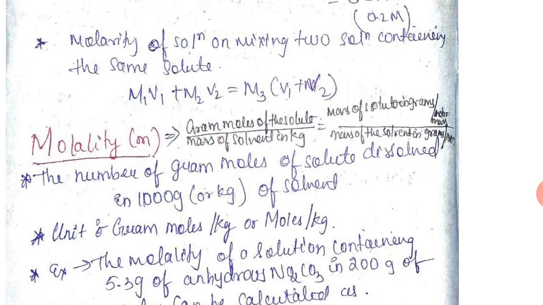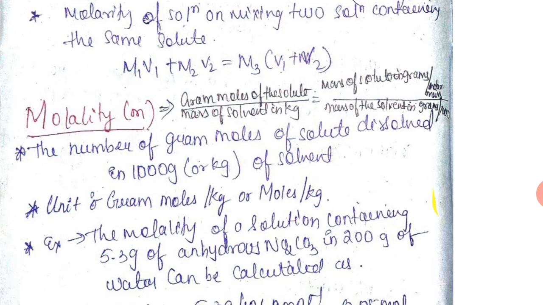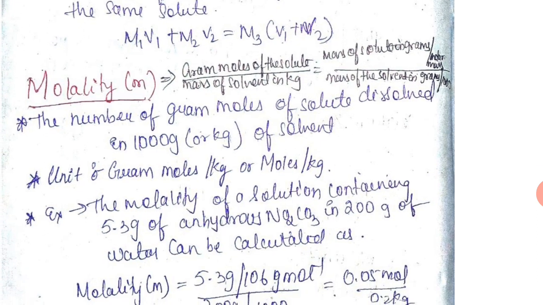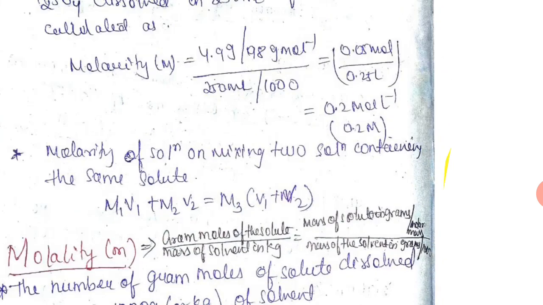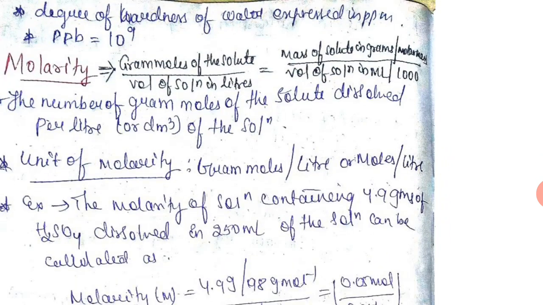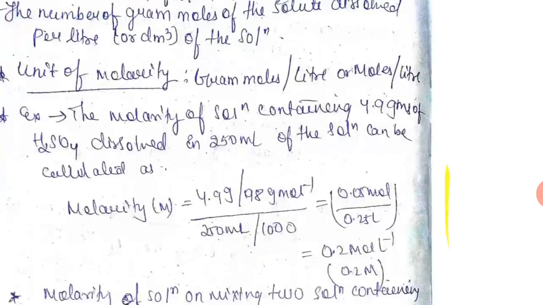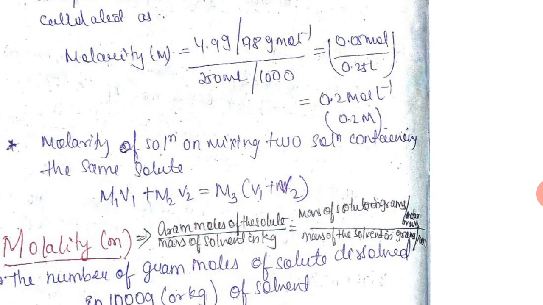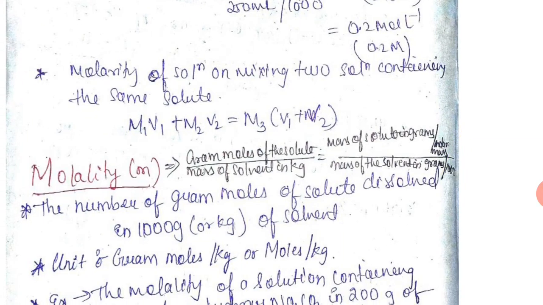Then molality. That was molarity, this is molality. How to find molality? It is the same thing, but that was for the volume part and this is for the mass part.